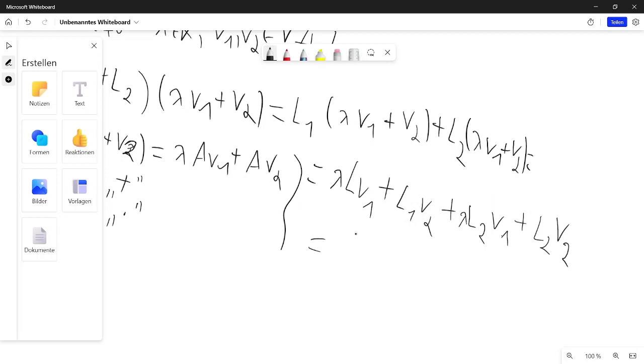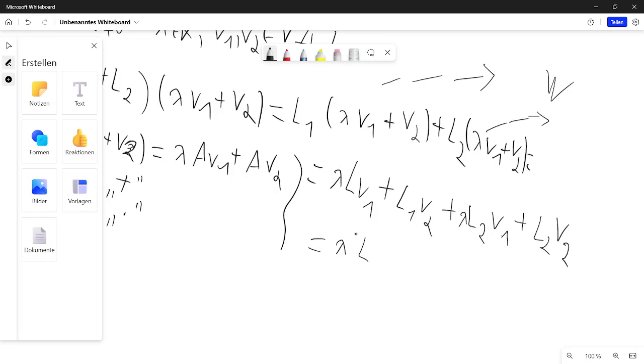Because we have arrived in W by these maps, right? So this object is in W, and now we just play in the space W. Play around here, I use commutativity, and I use associativity, and I use properties of vector spaces, right?